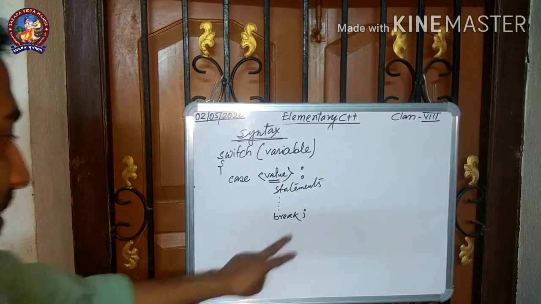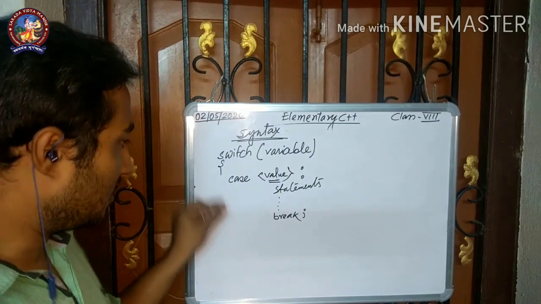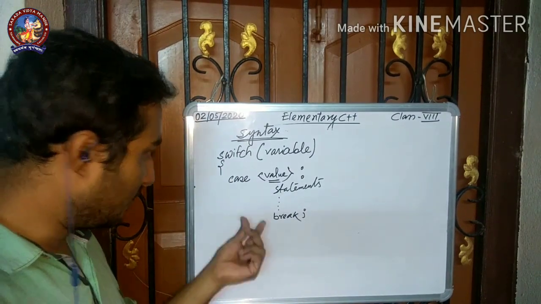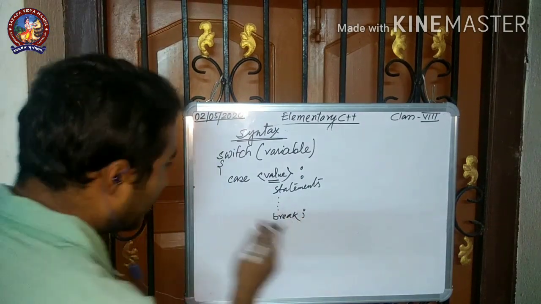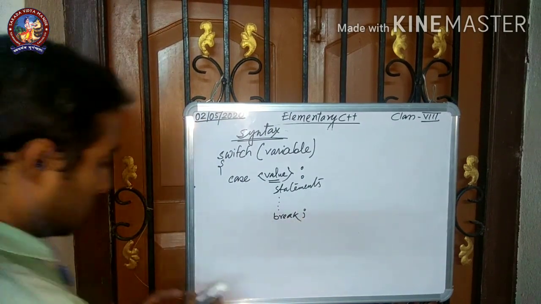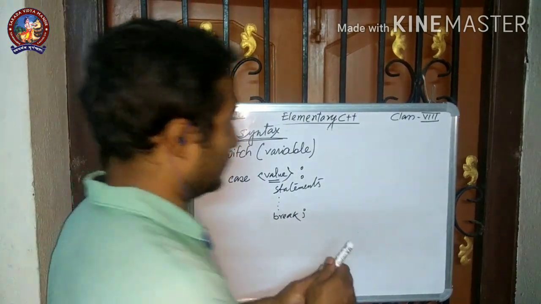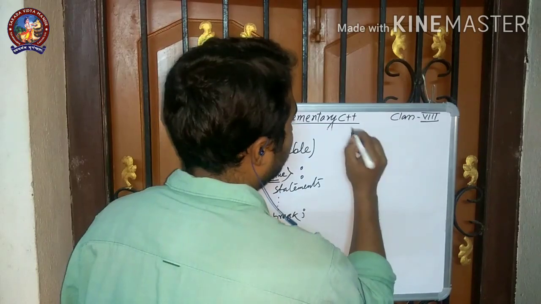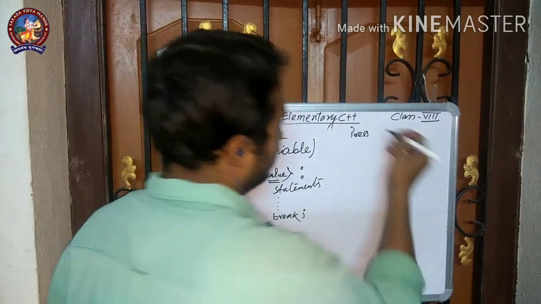This break statement is very important. So let's discuss the meaning of case, switch, and break. Next, this is the case value 1. Suppose we have a menu based arithmetic program.